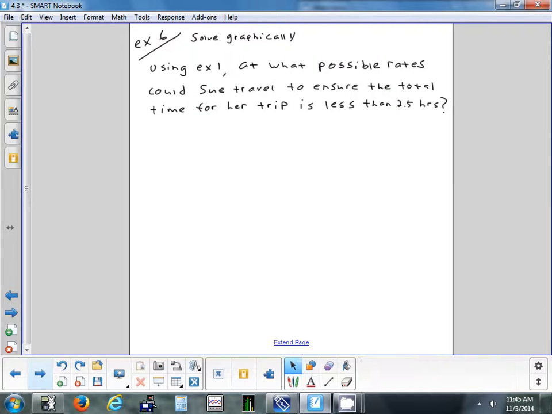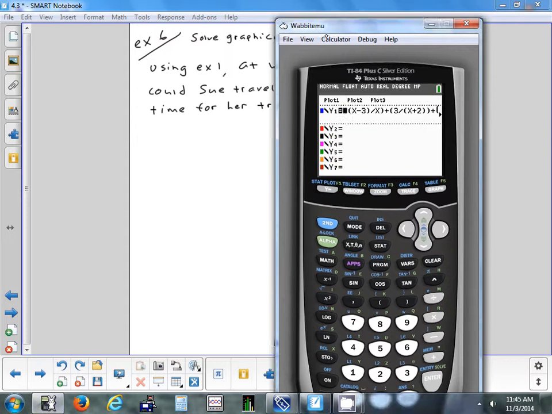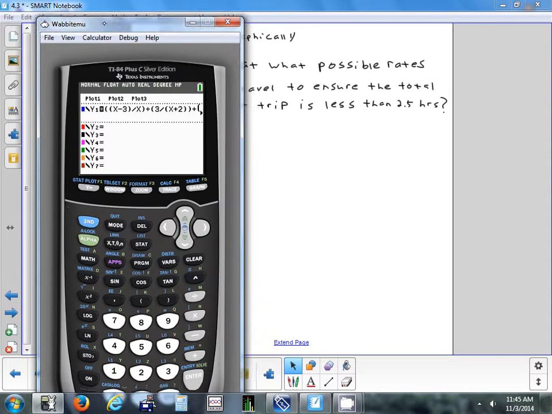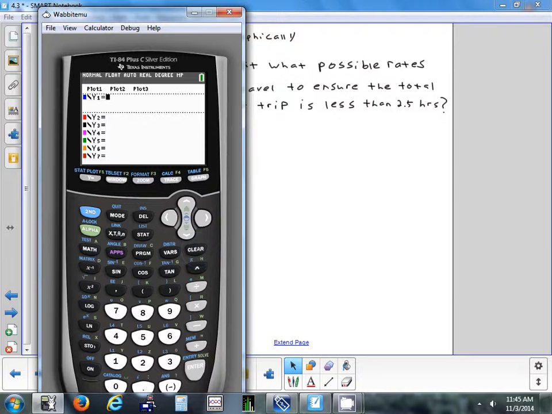So let's type our graph back in. So we had, let's see, 30 divided by x plus 90 over x plus 20. And I did a standard window.